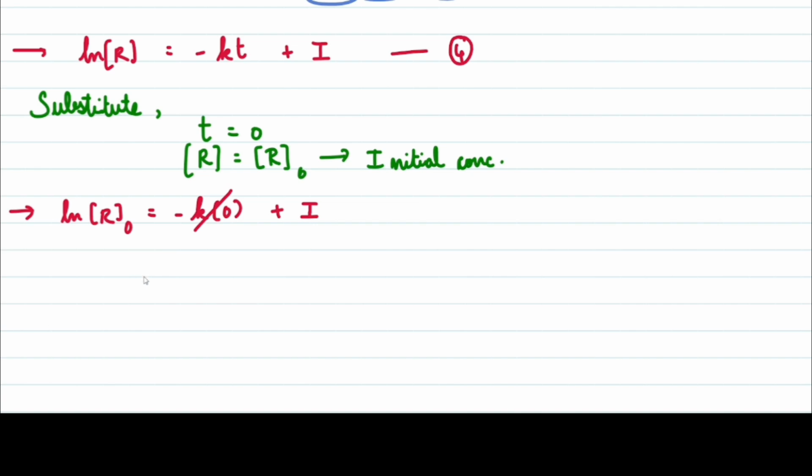From this we obtain I is equal to ln R naught. So now we got the I value.